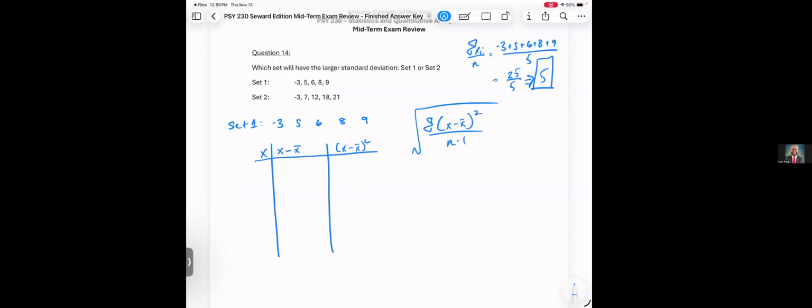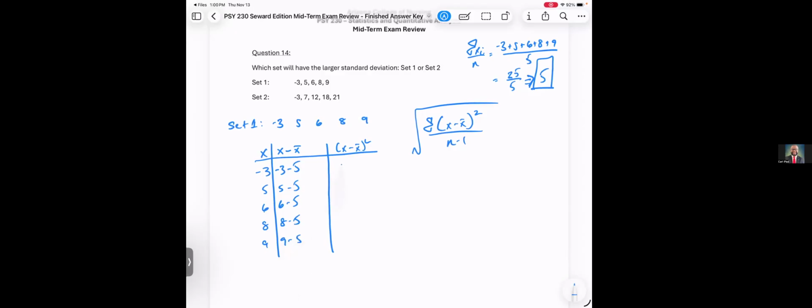So now this is -3, this is 5, this is 6, this is 8, this is 9. This is going to be -3 minus 5. This is going to be 5 minus 5, 6 minus 5, 8 minus 5, 9 minus 5.